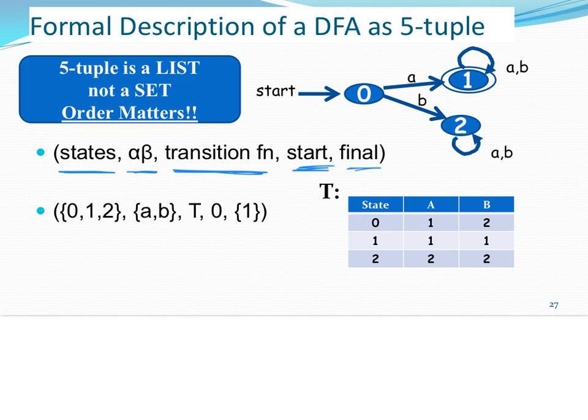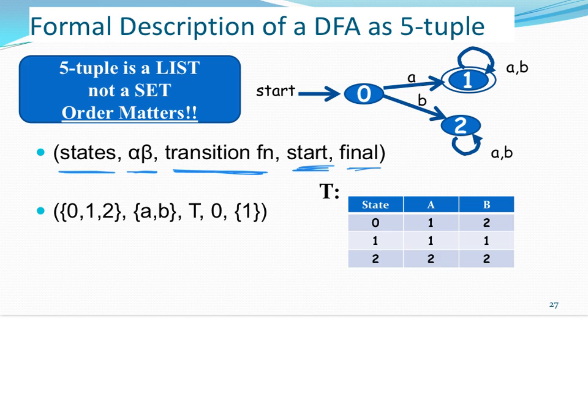The things to the left of the T in the 5-tuple are my states and my alphabet, so that helps me remember the order. I have the states, then the alphabet. And on the right-hand side of the transition table in my 5-tuple, I have my start state and my set of accept states. And of course, start comes before accept, so that's how I remember the order of these things.